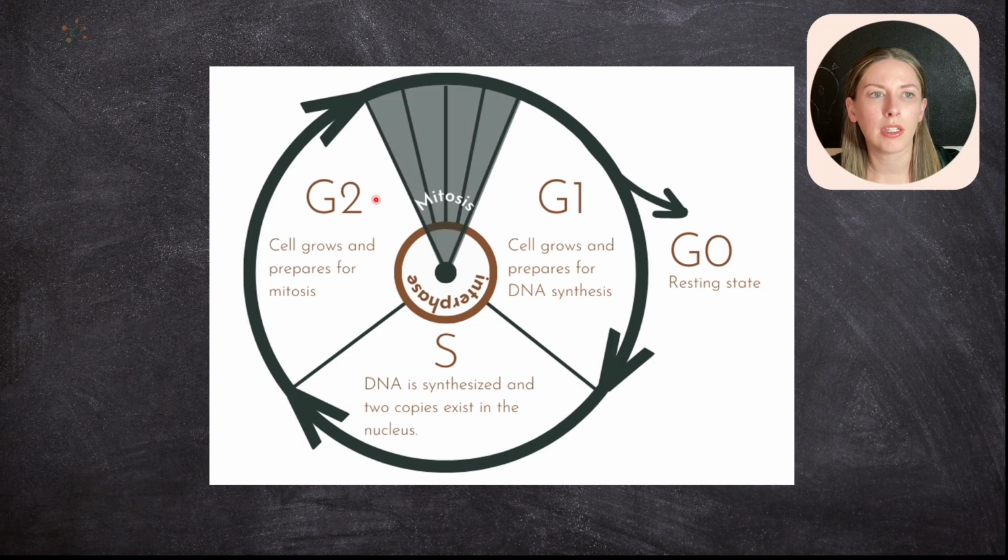And once G2 has happened, the cell will enter mitosis, where it's actively divided into subphases. The end result of this will be two identical daughter cells. And once that has happened, the cell cycle will repeat. This helps organisms grow and repair. And every now and then, you will have a cell that leaves the cell cycle, ending in G0.